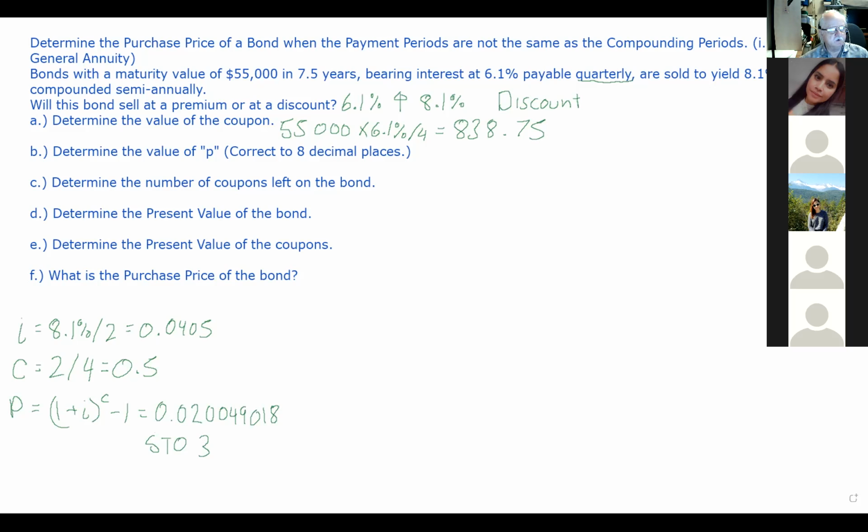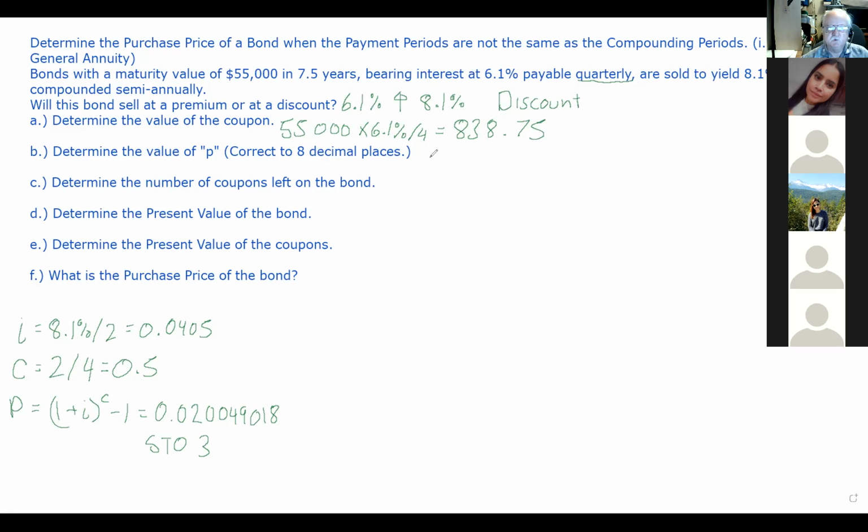I'll always store it in register 3. Now, you don't want to round this number off, so I would make sure you can store it. So that's our value of P.